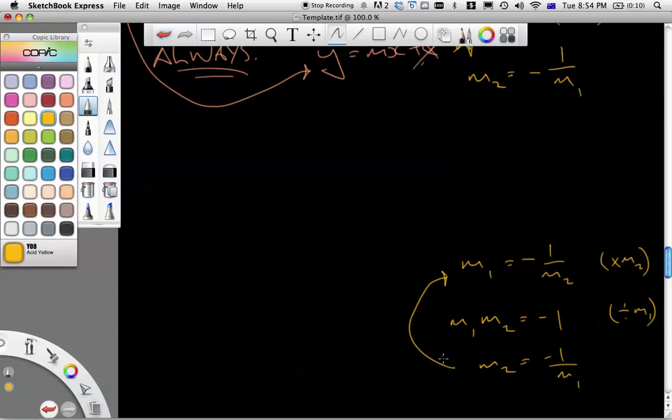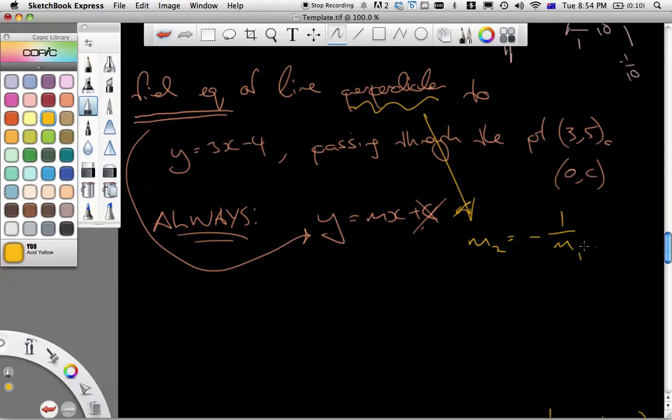So they're the same, right? So I used it in this way this time. So m2 equals -1 on m1, and m1 is 3. Therefore, m2 equals negative 1 on 3.